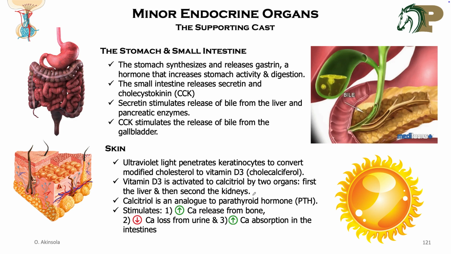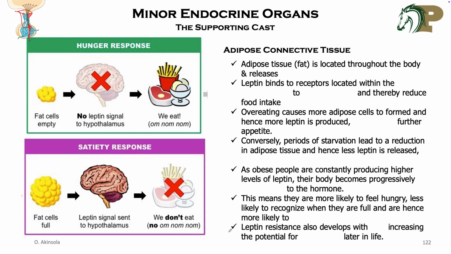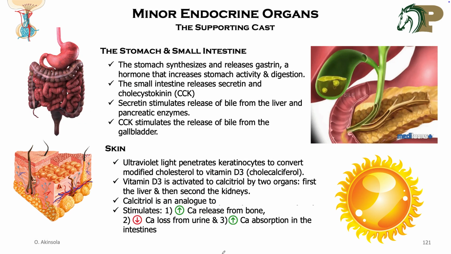So everything that parathyroid hormone does is these three items here. You have increased calcium release from the bone, decreased calcium loss from the urine, and increased calcium absorption in the intestines. All of this to increase calcium levels.